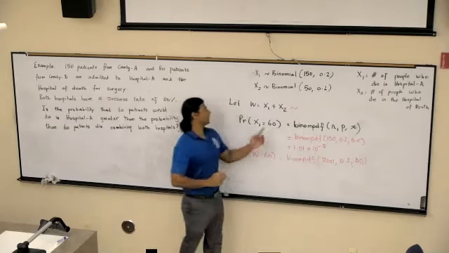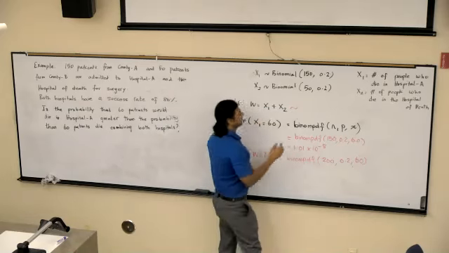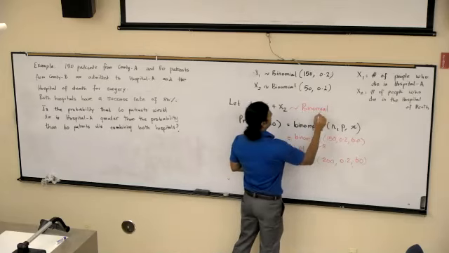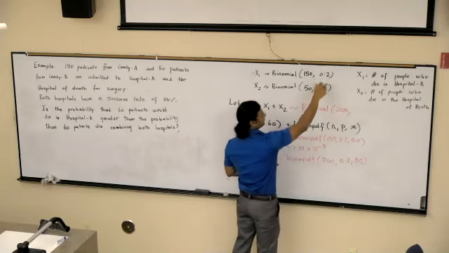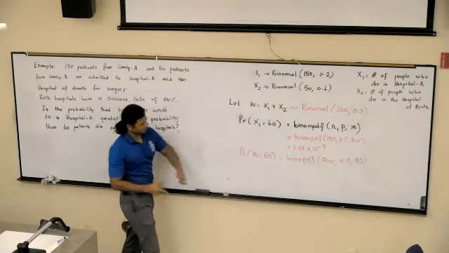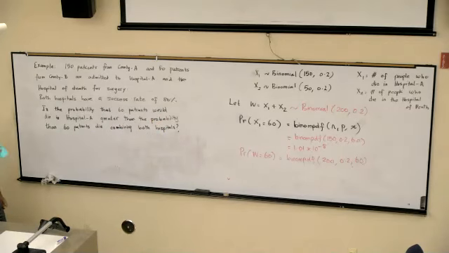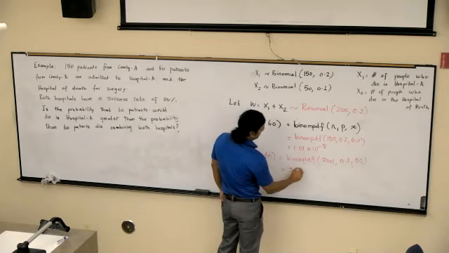The reason being, when you add two independent binomials, the resulting random variable is binomial, but you add the sample sizes, 200, provided you have the same success probability. And what is that number? 2.1979 times 10 to the minus 4.